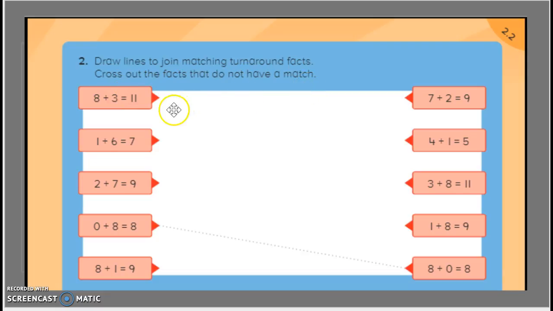So be extra careful and make sure that if you start with an equation, it has a matching turnaround fact on the right. There will only be one match if it does have a match. Press pause until you are ready to go on to the next part.